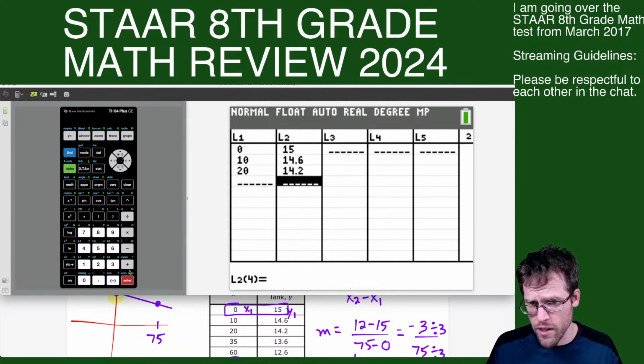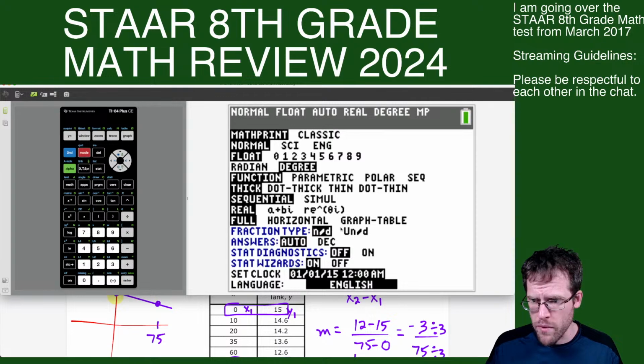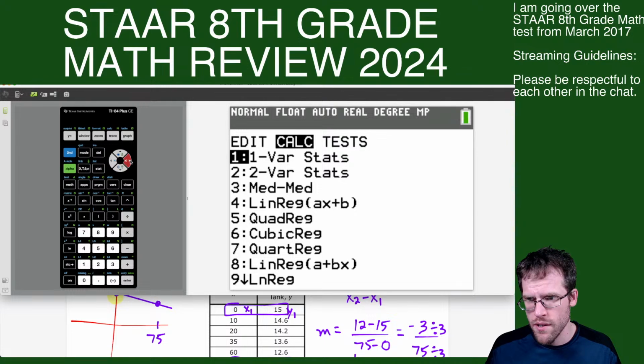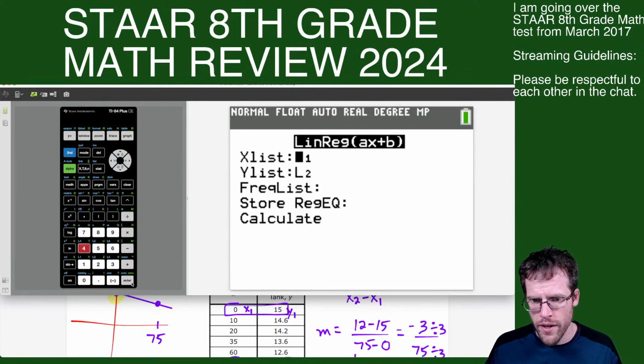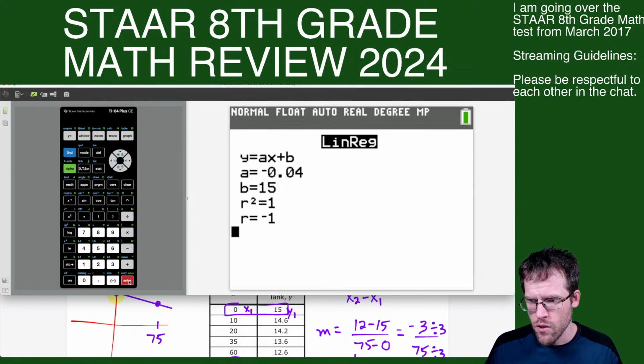So here's a little trick. You first go to mode and make sure that the stat diagnostic is on. So I'm just going to scroll down to stat diagnostic and put it on. And now I'm going to go to stats, edit, linear regression, option 4. We'll write the equation of a line with those points that we just found.